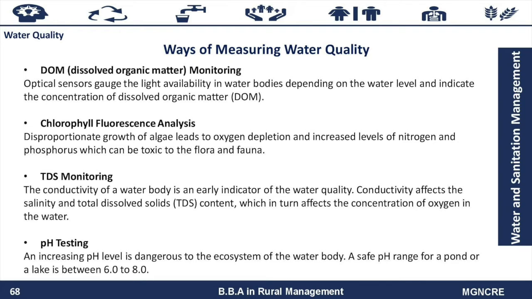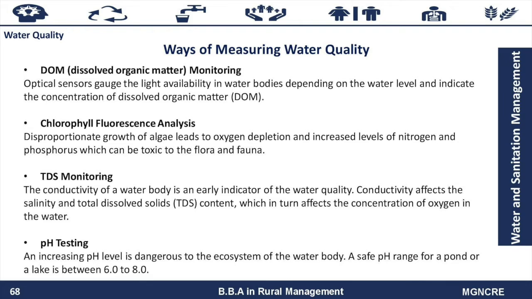These CDOM or FDOM levels can be measured by using electrical optical sensors that use fluorometers and sapphire lens. These sensors gauge the light availability in water bodies depending on the water level and indicate the concentration of dissolved organic matter. In this way, dissolved organic matter monitoring is done.